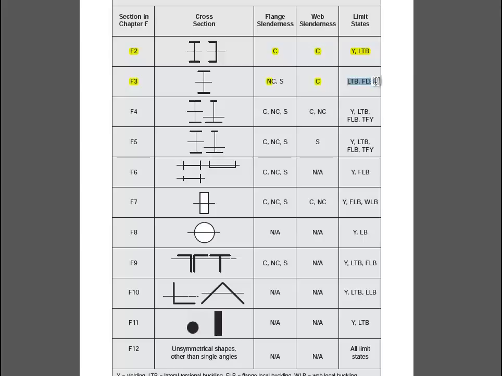And I need to check lateral torsional buckling and flange local buckling. So FLB stands for flange local buckling. The problem statement said that continuous lateral support is provided to the compression flange, so I know that even though this lists lateral torsional buckling, I really don't have to check it. But I am going to have to be concerned with flange local buckling.